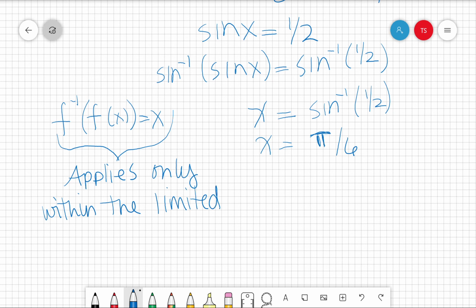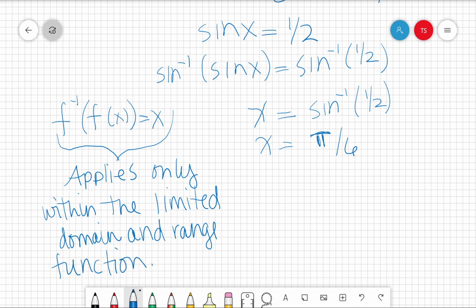It applies only within the limited domain and range for the inverse function. That doesn't mean that you cannot evaluate inverse expressions that are not within that domain and range. It just means that that particular property does not apply. So I'm going to stop there and I'll go over more examples of that in my next video.